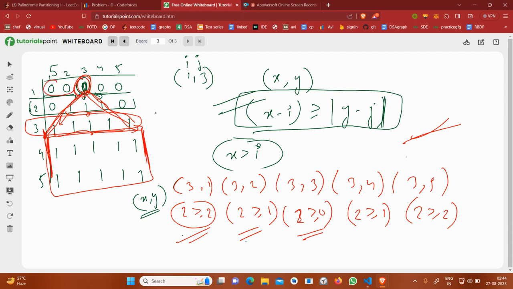Now let's come back to the question. So these two are zero, so there is no need of inverting them. These two are also zero, so there is no need to invert them. This was one, so I am just inverting it to zero, and now you can see that all the other ones which need to be converted to zero would lie in the area of this 1 comma 3.